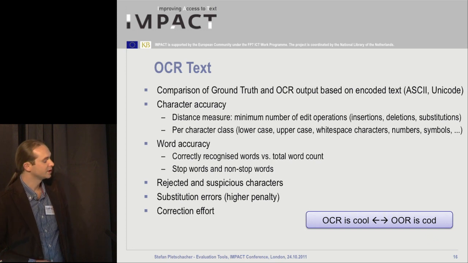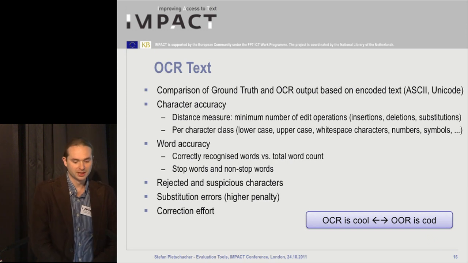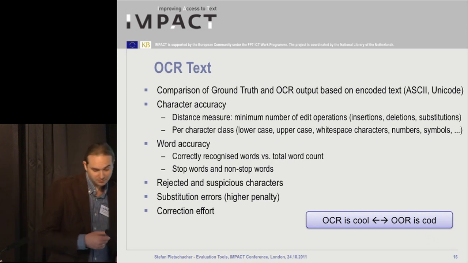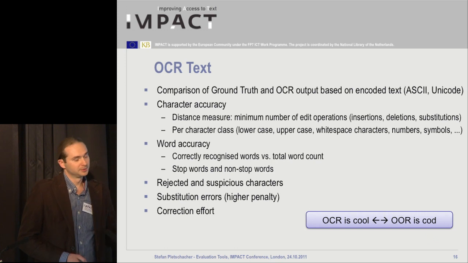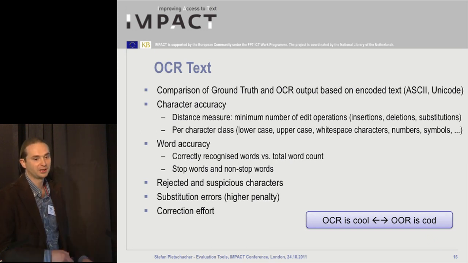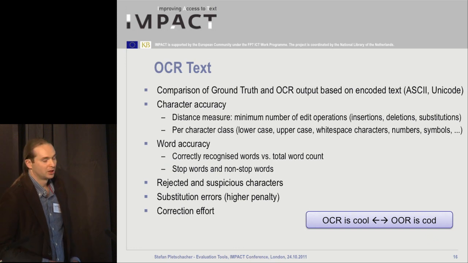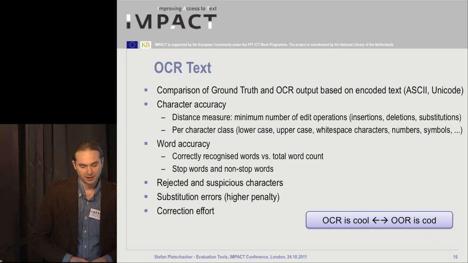Also important is rejected and suspicious characters. Usually OCR engines operate with probabilities and confidence values. So it's better if the OCR says, okay, I really don't know what character that is or word that is, and then you can correct it yourself, than just putting something, which would be a substitution error, without letting you know that it actually wasn't really sure.